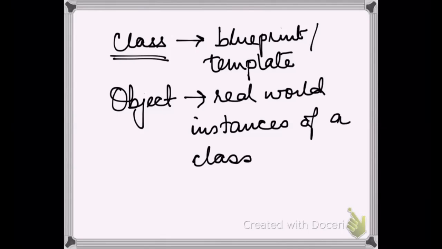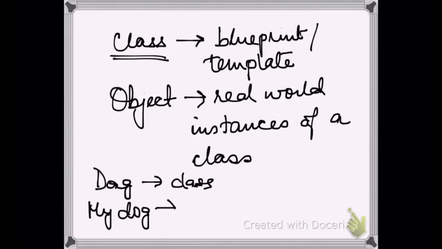So if dog is the class, then my dog, Tommy, is an object. Once I have a class, I can have as many objects as I want.